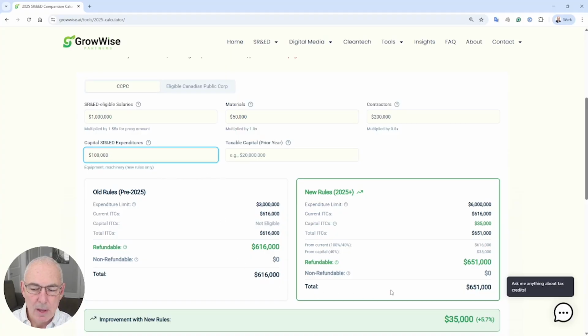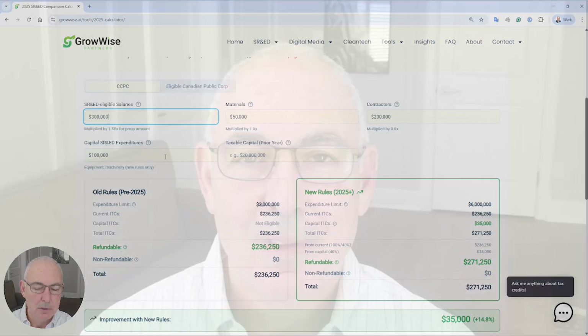We see here that in the old rules, they were not eligible, but the new rules, you get a nice big benefit, and it's a $35,000 increase in your federal tax credit, which is a 5.7% increase in this particular circumstance. Now, obviously, the percentage increase would be greater if you only had $300,000 of eligible salaries. It would have a larger percentage increase, but it's still $35,000 due to the capital expenditures.